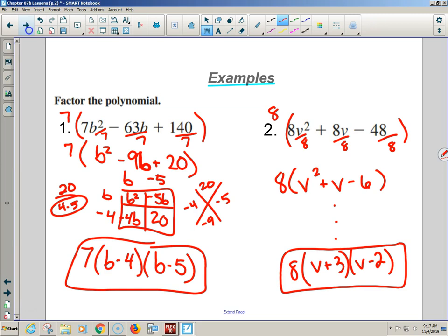For this one, what would you have plugged into the box? Oh, no, that's okay. Oh, the 8 is already out. We're just looking at the inside. So the 8 just stays. So we only look at this piece. So that would be this square, and that'd be a negative 6. And so then I took my negative 6 and thought of factors and figured out 3 and minus 2. 3 and minus 2 would make the 1.